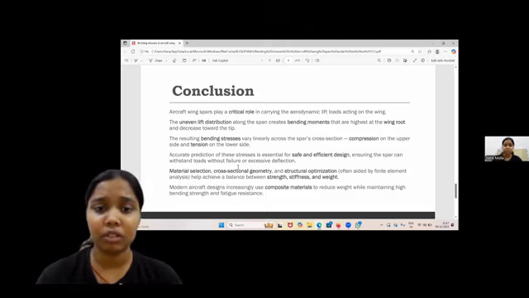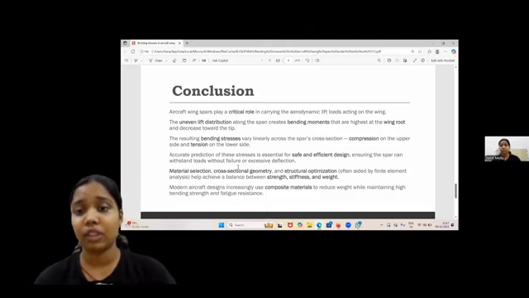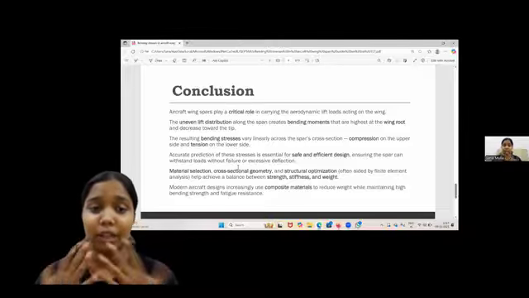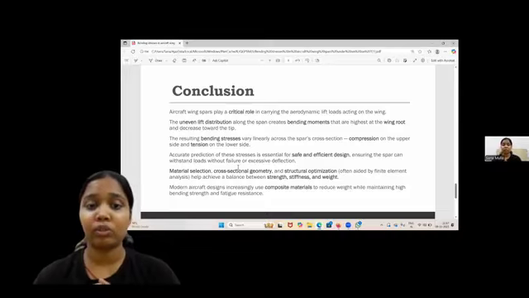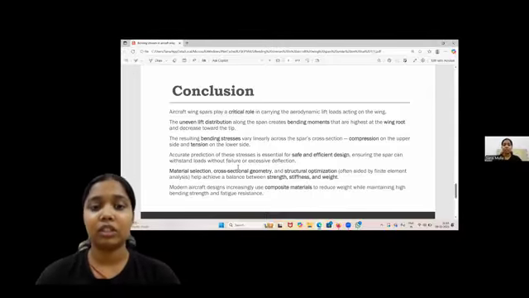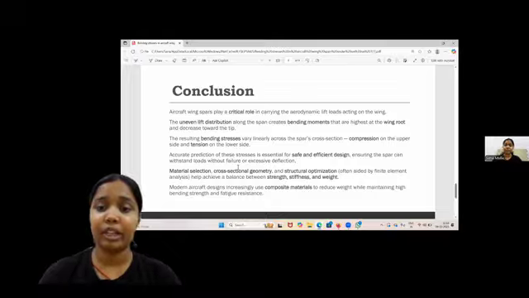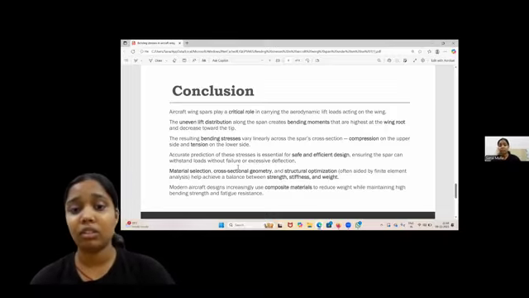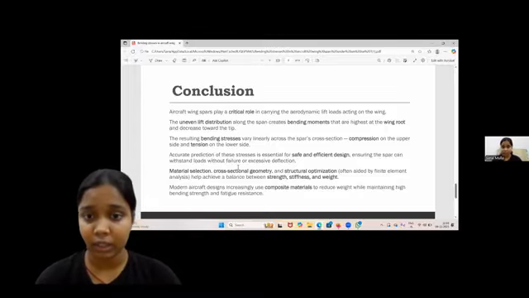Accurate prediction of this stress is essential for safe and efficient design, ensuring the spars can withstand maximum load without failure or excessive deflections. Material selection, cross-sectional geometry, and structural optimization help achieve a balance between strength, stiffness, and weight.